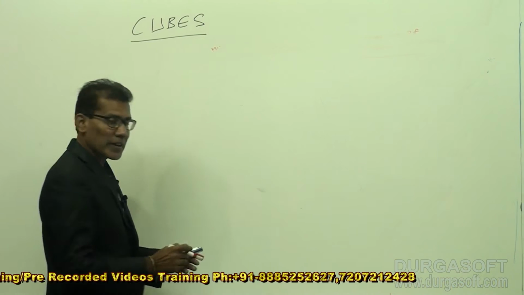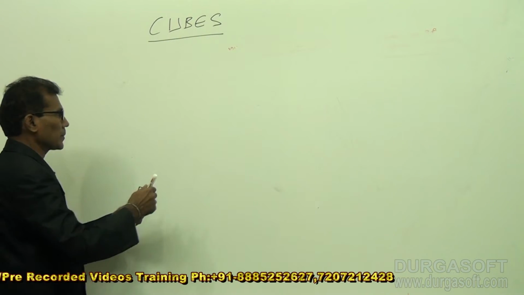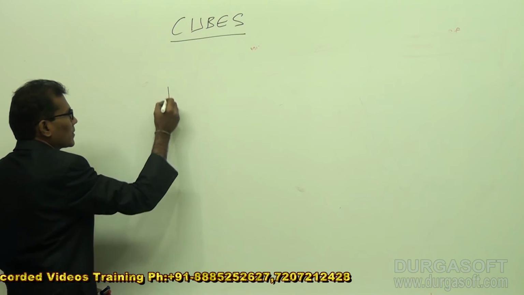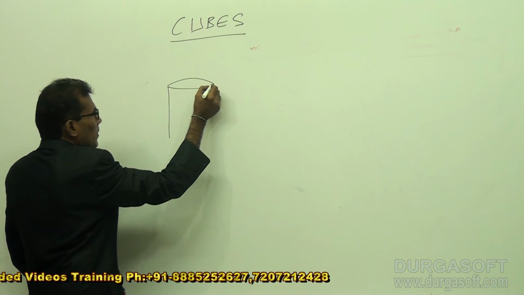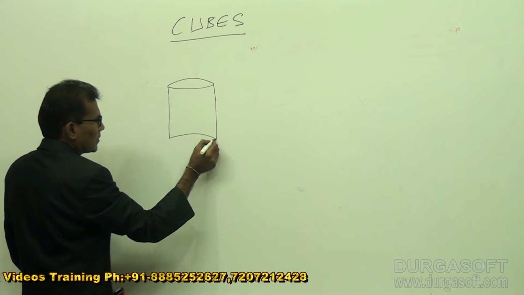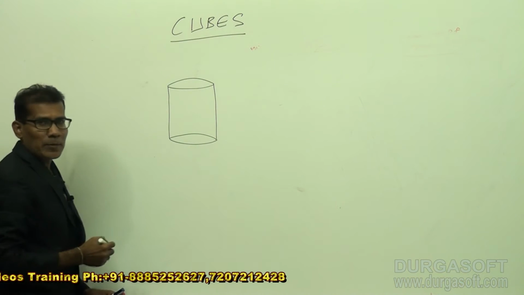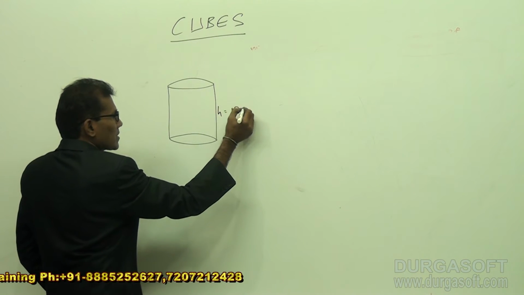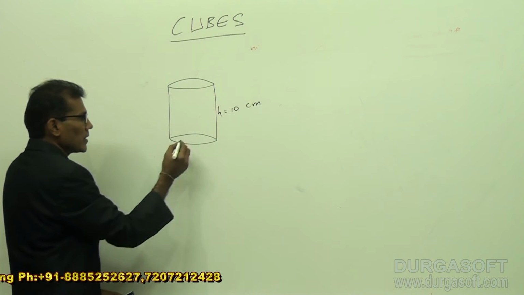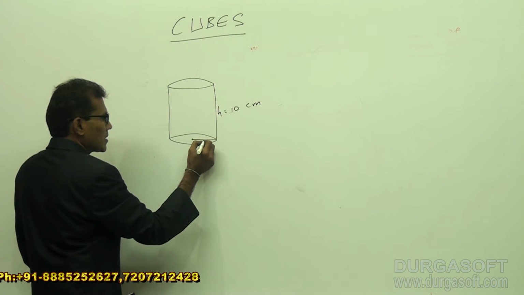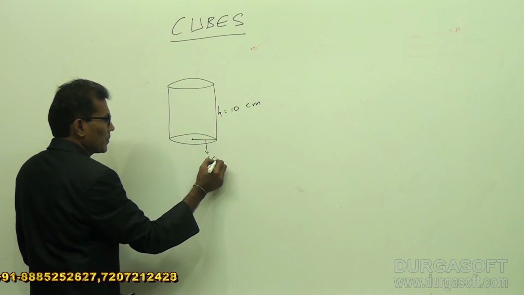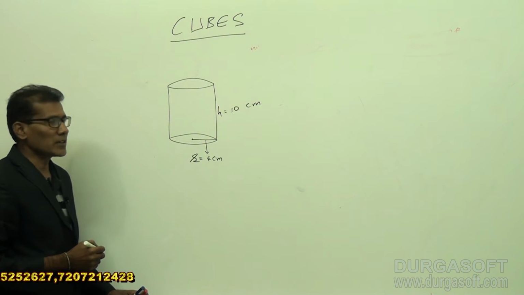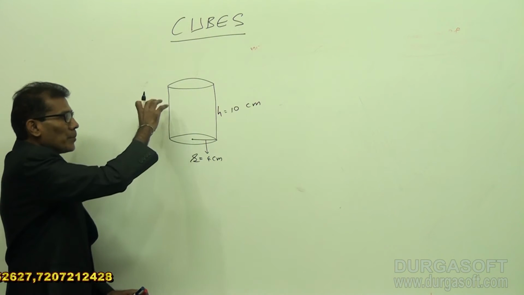One question is very important in competitive examinations. For example, there is a cylinder. In such questions we may get any type of solid. There is a cylinder whose dimensions will be given. Say, for example, the height of the cylinder is 10 centimeters and its radius is 4 centimeters.